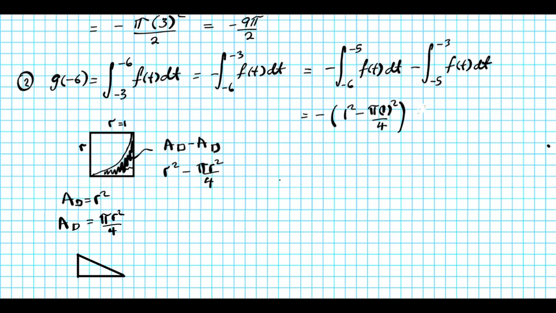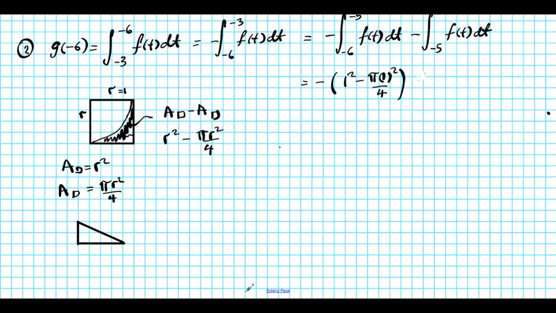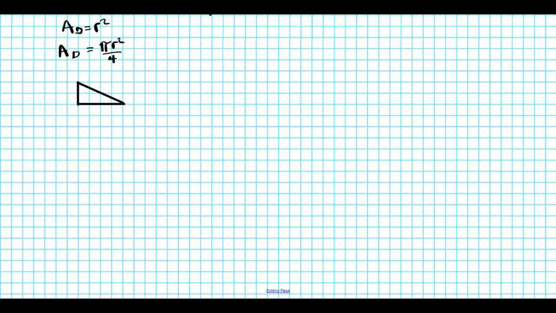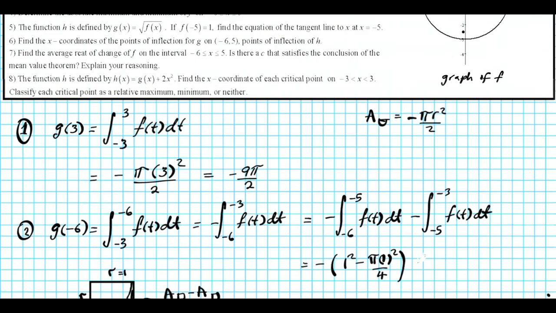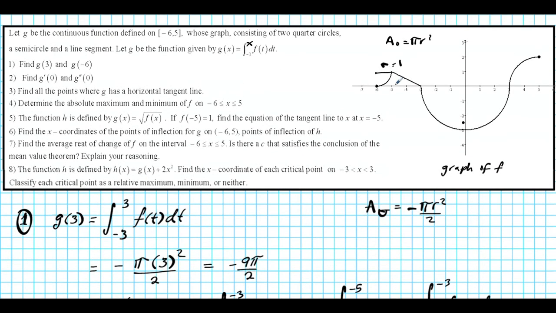Okay, so what is the area of a triangle? Going back to elementary geometry, the area of a triangle is 1/2 base times height. So we just need to find the base and the height of that region between -5 and -3. So the base, as you can clearly see, is 2 and the height is 1.